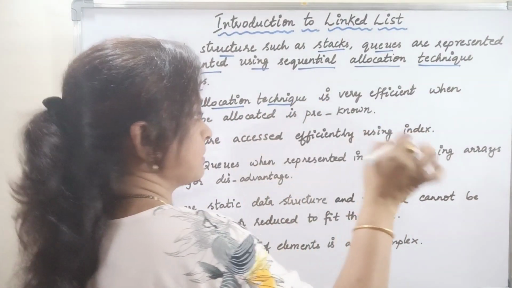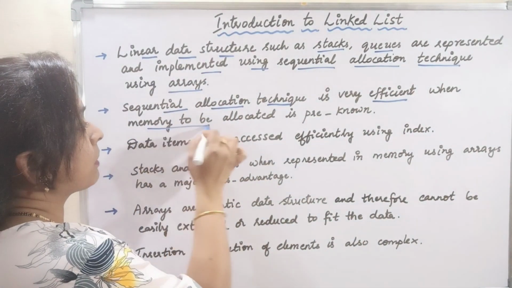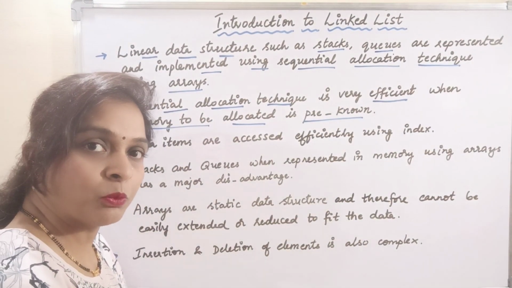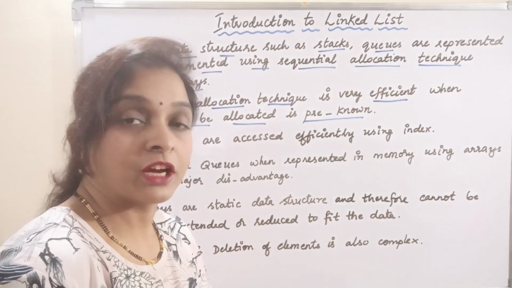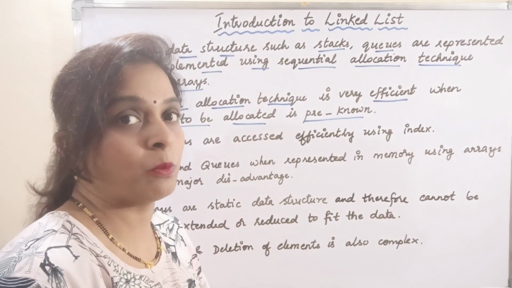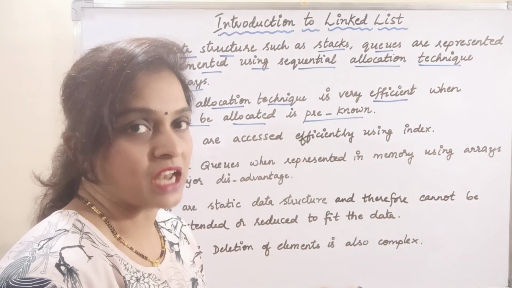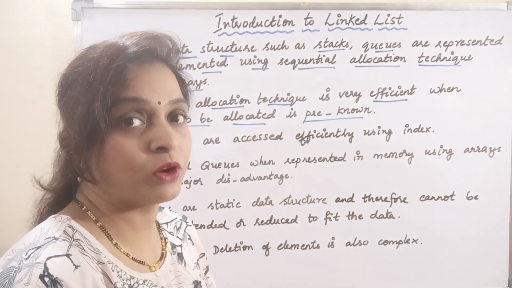It is quite simple and quite efficient, only when the memory to be allocated is pre-known. If I am confident about the amount of memory I require for my program, then I can simply go with static allocation. But sometimes I cannot predict the amount of memory I require.